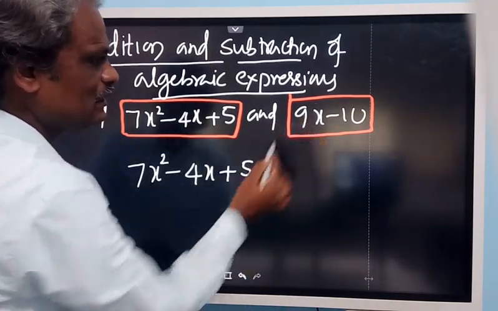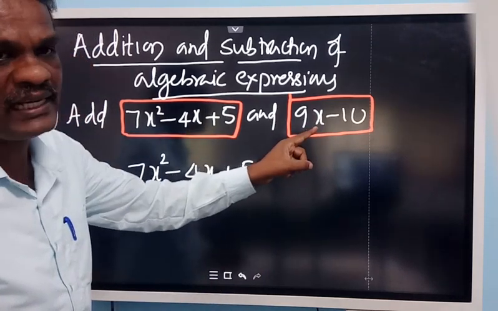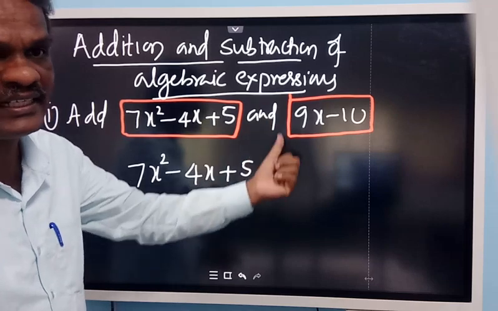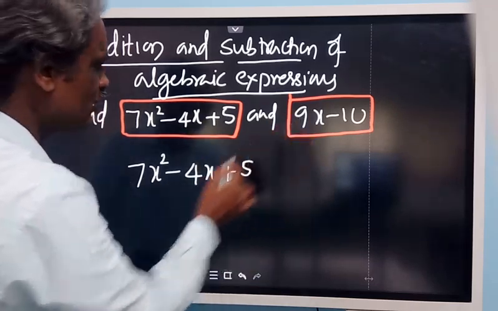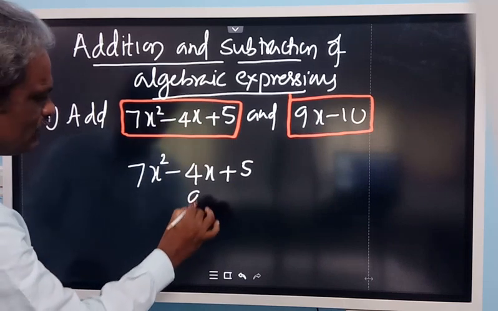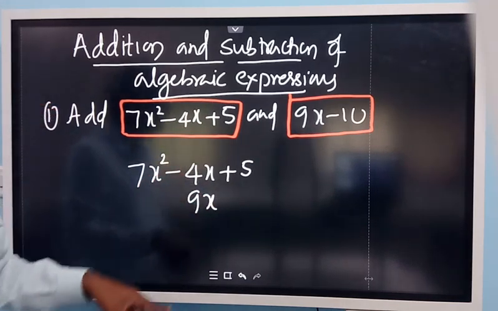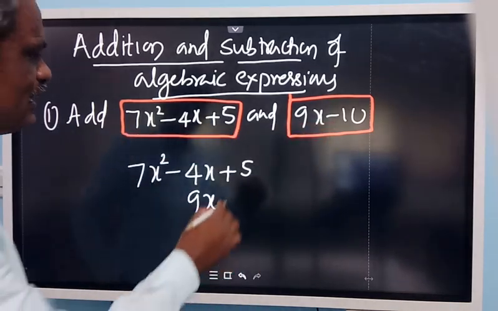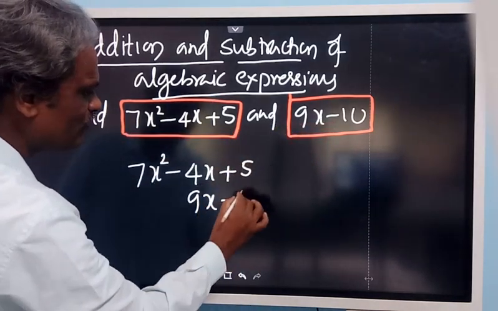This 9x is a term with the variable x, so you have to write it with the same like term. Which is the like term to 9x in this expression? This is minus 4x. Therefore, you have to write 9x below the 4x. So like terms should be together. And the last term, the constant minus 10, should be written along with 5.